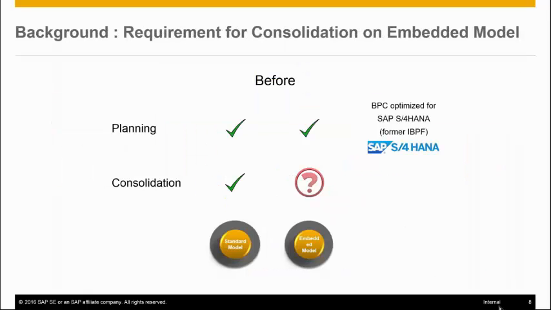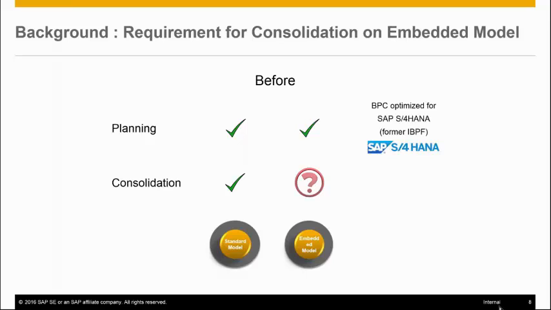Previously, if you still remember, when we delivered the embedded model at the beginning of BPC 10.1, the early release, we only supported planning. It was an integration between BPC and PAC, the Planning Application Kit, another planning solution based on HANA, optimized for HANA, which is also known as another SAP solution, BIP.